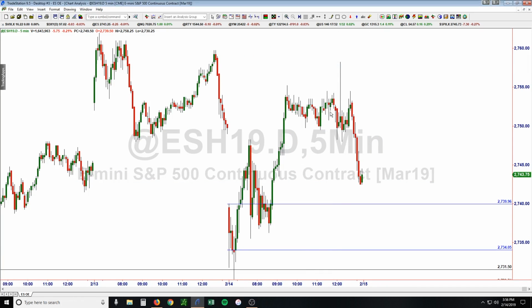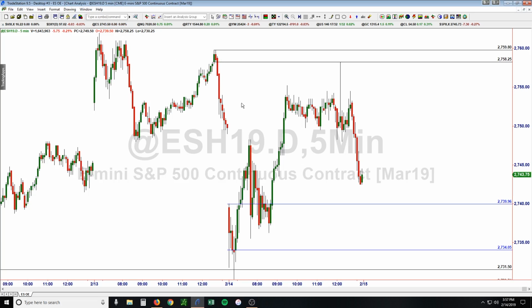We had been in this literally 4-point range for close to 2 hours, 2.5 hours, and then all of a sudden we had a nice rally up, back up to an area that you can see produced a nice move down from this 27.58 quarter area.